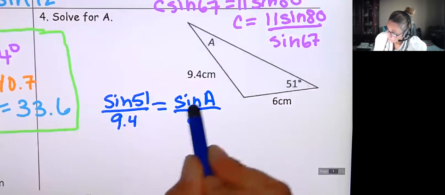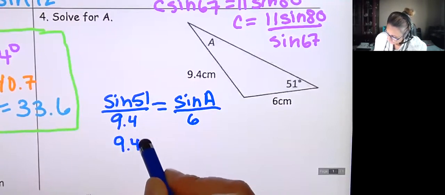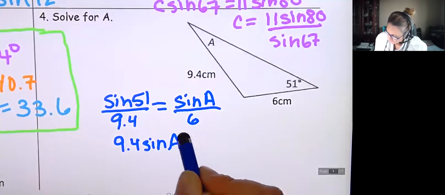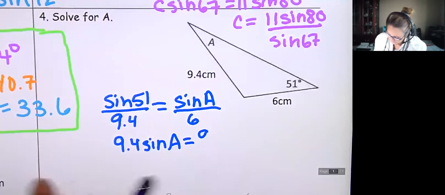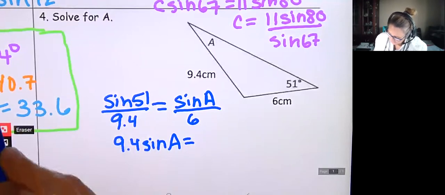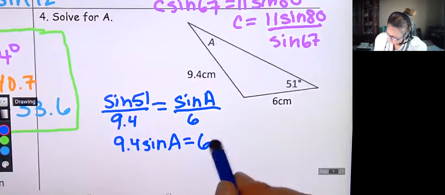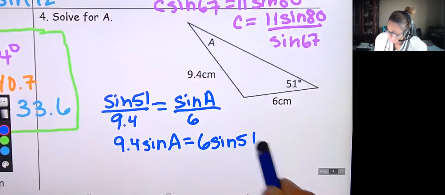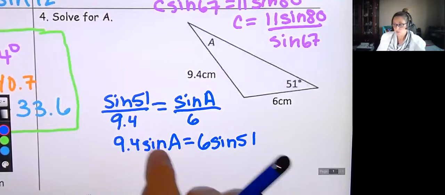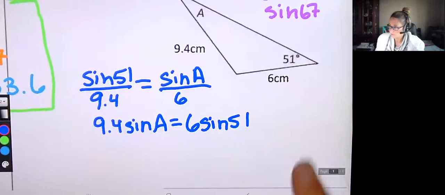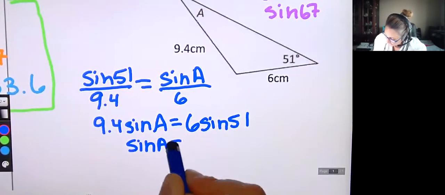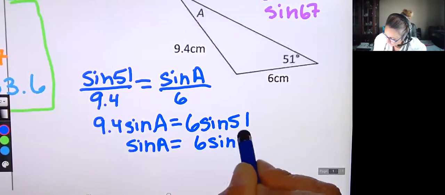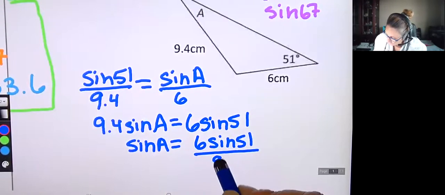So when I cross multiply this, I'm going to get 9.4 times sine of A. So you'll notice my angle is what I'm trying to find this time, so that's going to be slightly different. And then I'm going to cross multiply this way, so it's going to be 6 sine of 51. I want to solve for sine of A to start with, so I am going to divide both sides by 9.4. So I'm going to get sine of A is equal to 6 sine of 51 over 9.4.